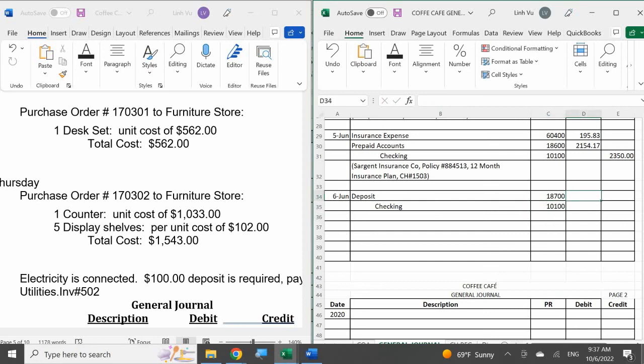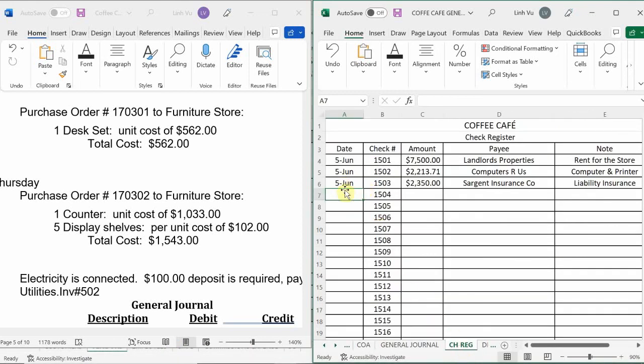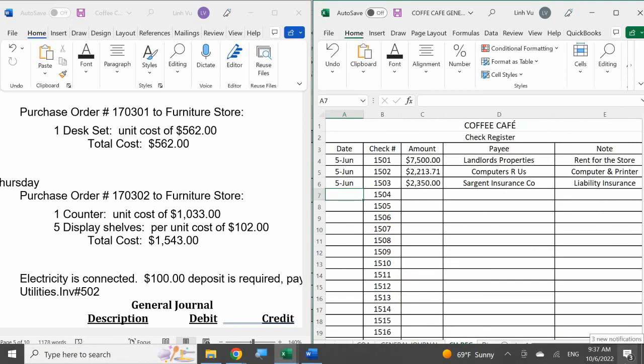Now, how much was that amount for? $100. So I need to cut my check. You wrote it for $100.